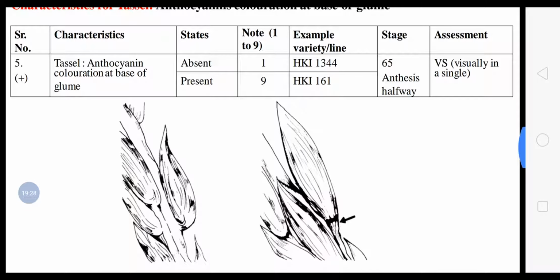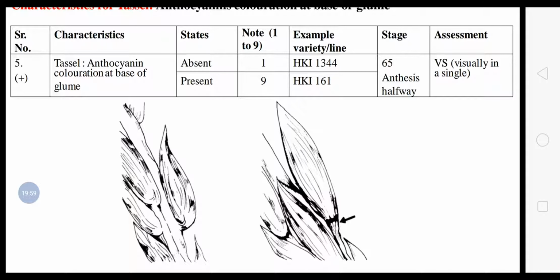The fifth character is tassel anthocyanin coloration at base of glume. Whenever we take the tassel, the glume is the portion from where the male reproductive part emerges. The glume covers the reproductive portion, that means it protects from external damage, or it gives strength to that particular part.